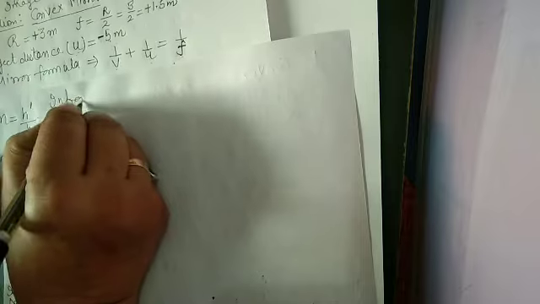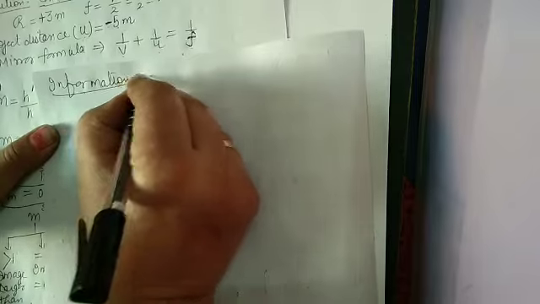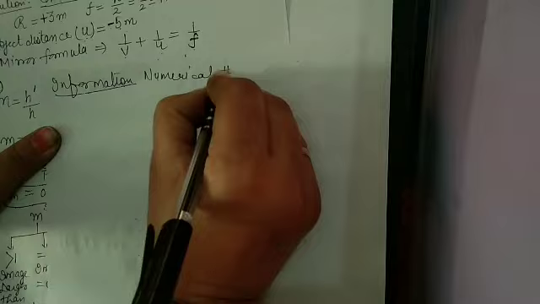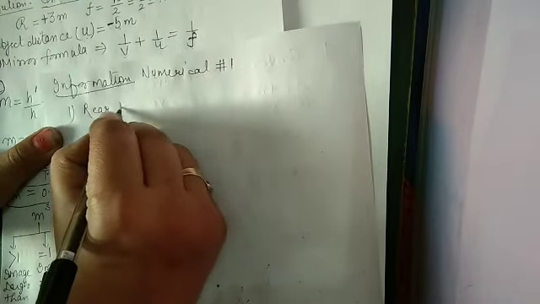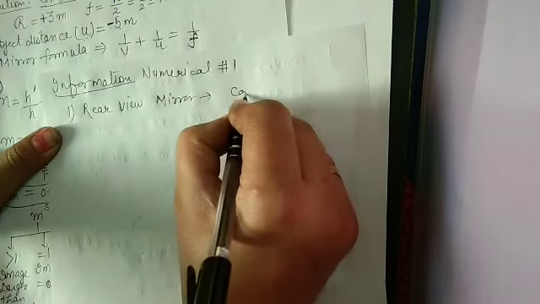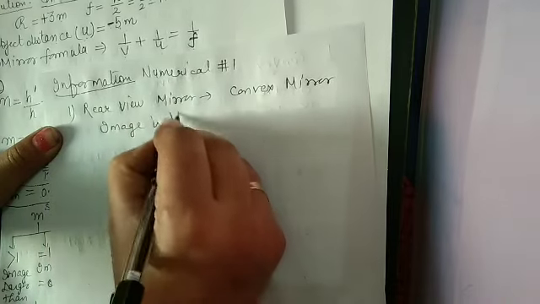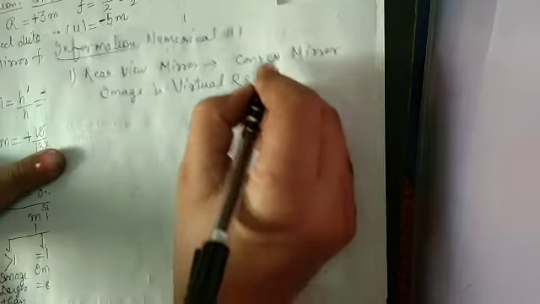So what information are you getting from this convex mirror numerical? Information you get from numerical number 1. Number 1, rear view mirror is convex mirror. Okay. Next, image is virtual and erect. Okay.